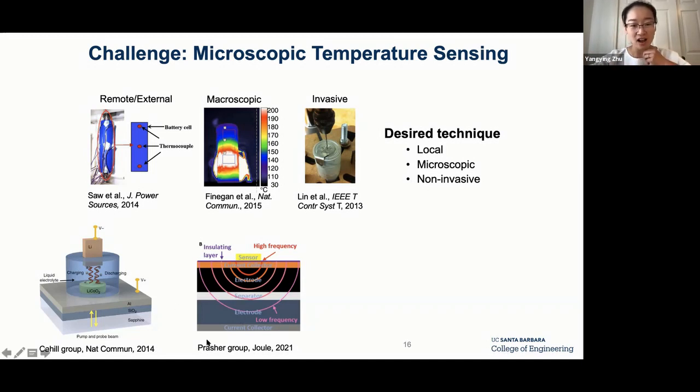That's exactly what led to this really recent paper just a few weeks ago by a group where they used a very simple method. They added 3 omega sensors onto the external surface of a battery electrode.